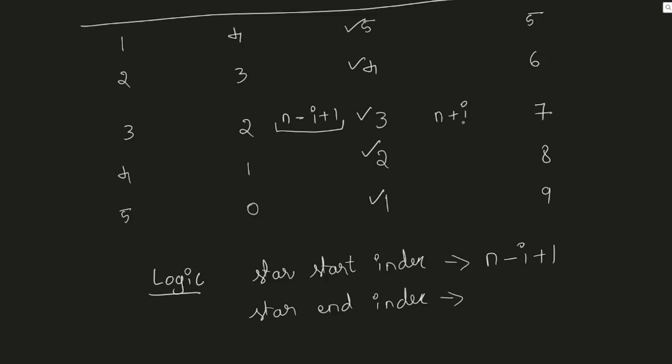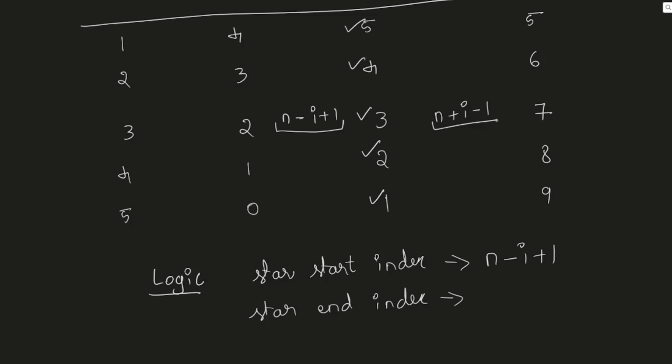Let us check whether this holds good for first row or not. N is 5, 5 plus 1, 6. But we need 5. Let us check whether this holds good for second row or not. N is 5, 5 plus 2, 7. But we need 6. What we can do here is we can directly subtract the value of 1 from it to get the numbers correctly.